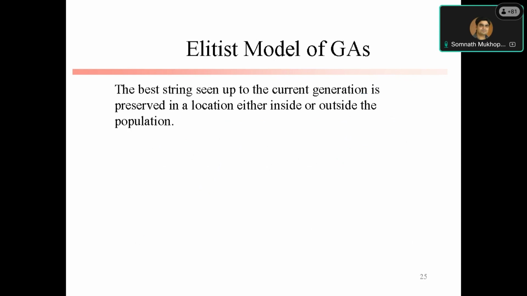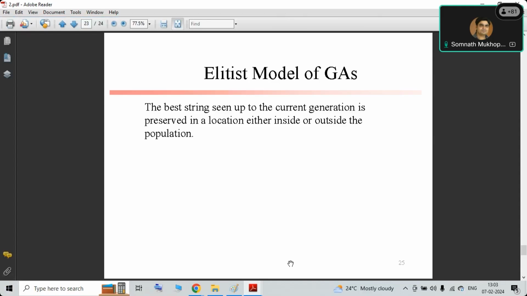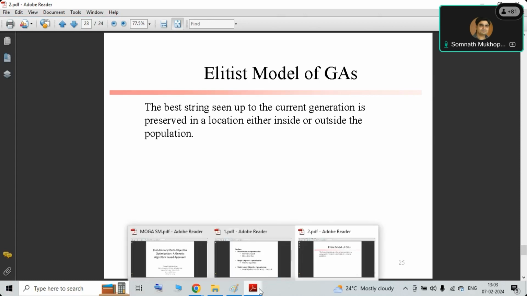If the best of current is better than the best of the previous one, we keep the best of the current iteration. Otherwise, the best of the previous replaces the best of the current iteration. So this is the elitism model of the genetic algorithm.